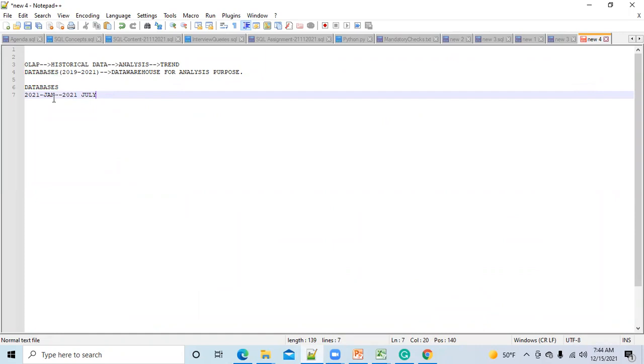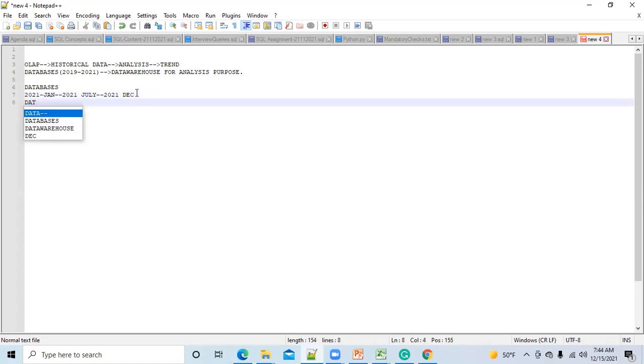Take this example. Suppose we are standing in December 2021. The database will have data of December 2021 as well. But if I ask which period of data you have in the data warehouse, maybe you'll have data only up to July 2021, because you have a policy of taking backup every 6 months.